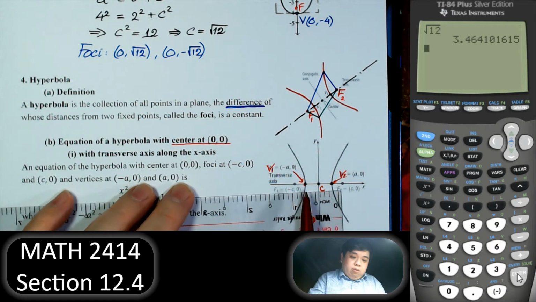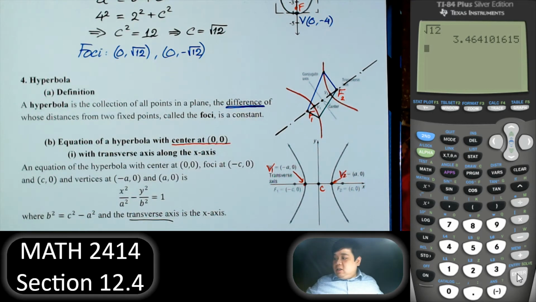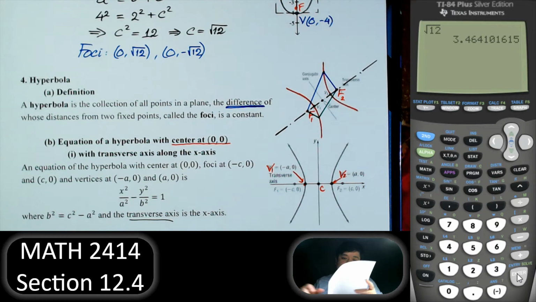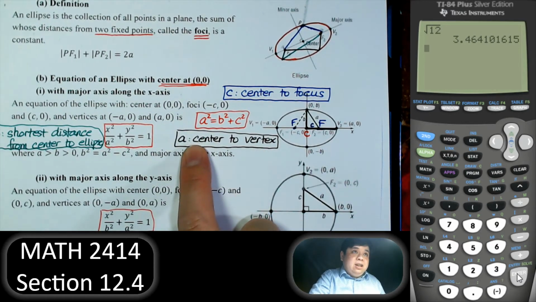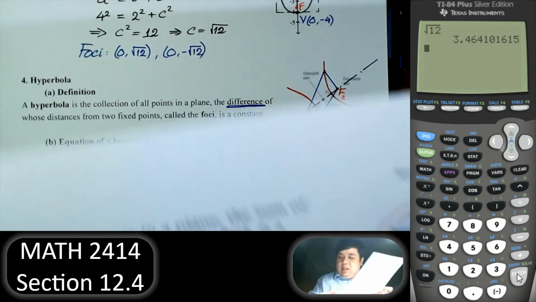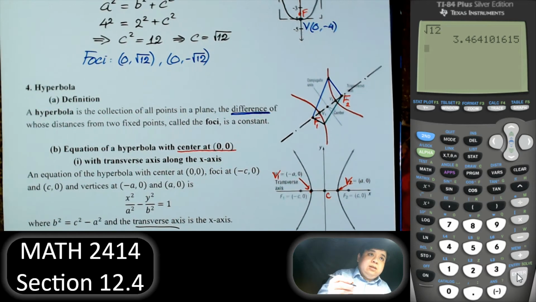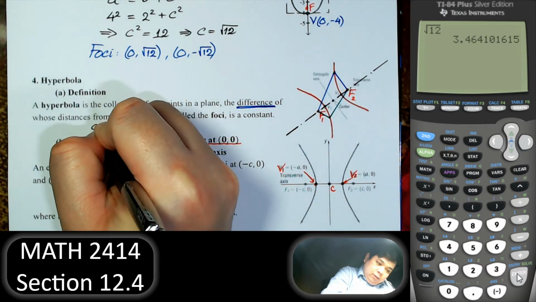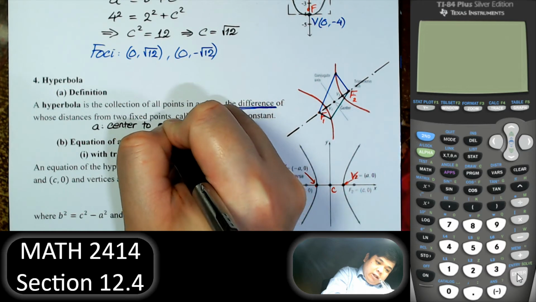And the distance from the center to the vertex, what do we call that? Distance from the center to the vertex, that is A, right? Center to vertex is A. So we call A center to vertex.